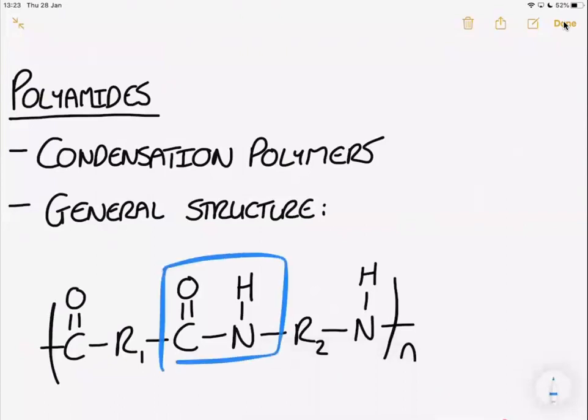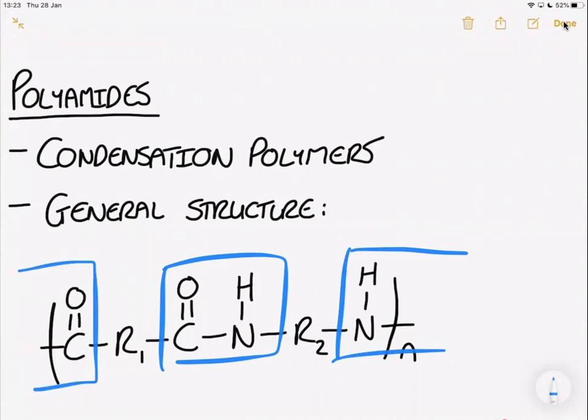The first thing is we have an amide link in the middle. Okay, so that is in the middle of each unit of the polymer. Then what we have to imagine is there's a bridge between the NH on one side and the CO on another.